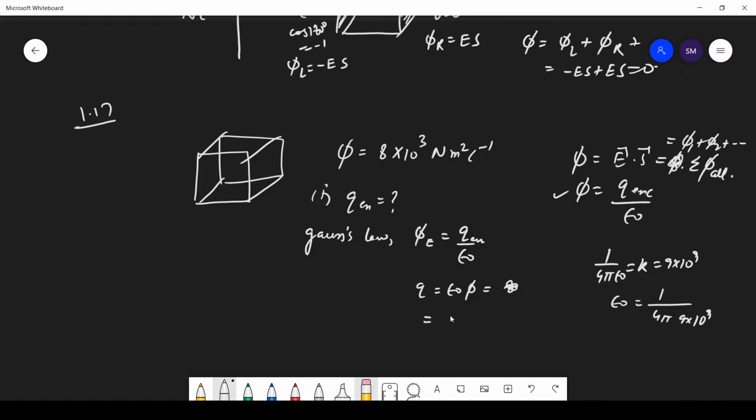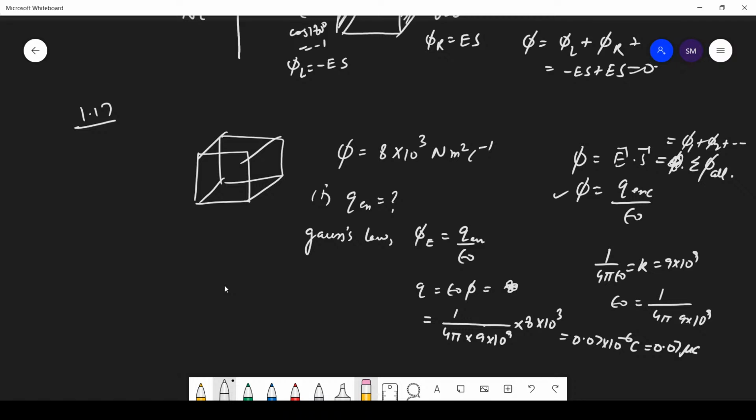So that's equals to 1 upon 4 pi into 9 into 10 power 9 into the flux, which is 8 into 10 power 3, and this comes out to be 0.07 into 10 power minus 6 Coulomb. This is 0.07 micro Coulomb. So that is the charge enclosed.